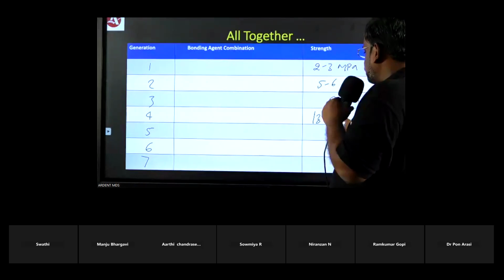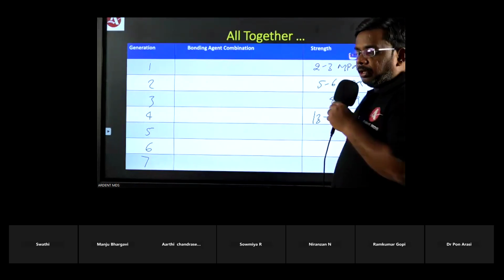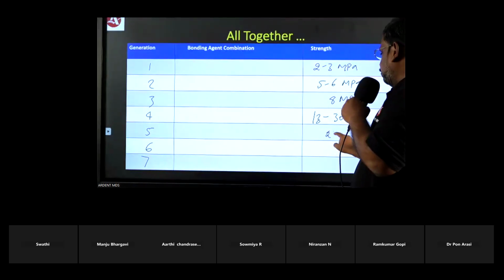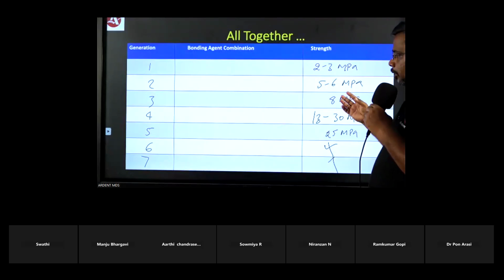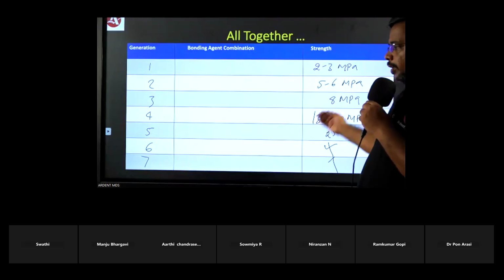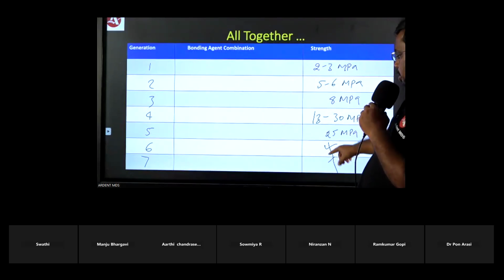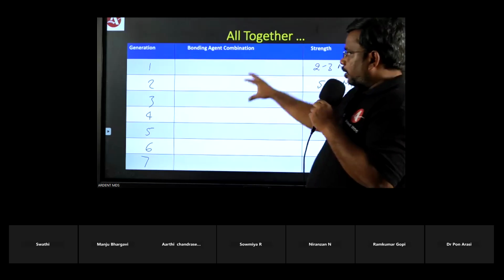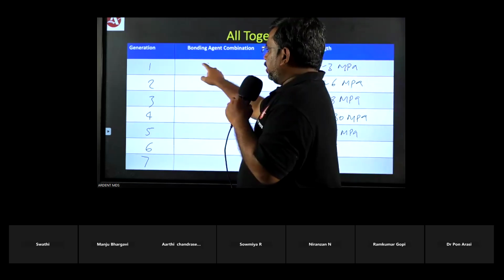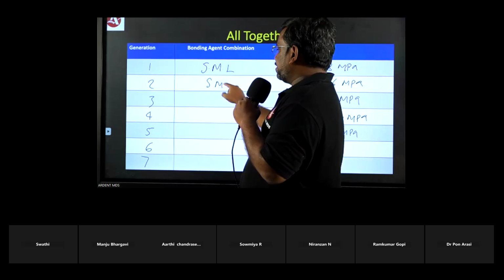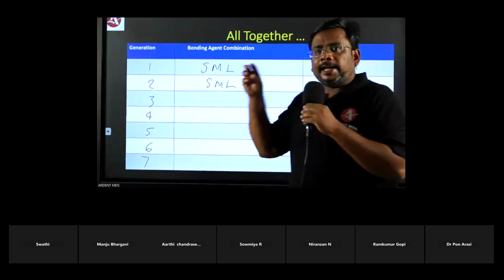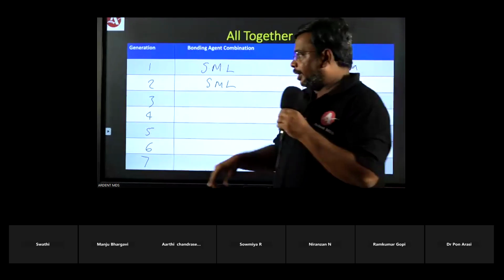Fourth generation is 13 to 30 megapascal, and fifth is 15 to 25 megapascal. Sixth and seventh generation, the strength is comparatively less when compared to the fourth and fifth generation. First two generations don't know about the smear layer much, so the bonding is between the bonding agent and the smear layer, not to the dentin.